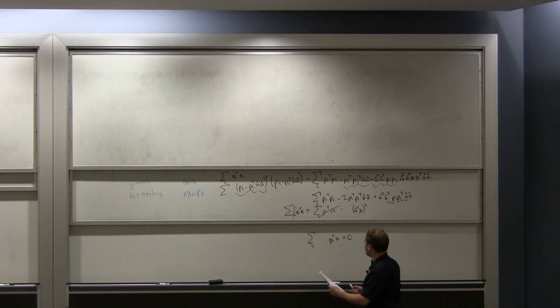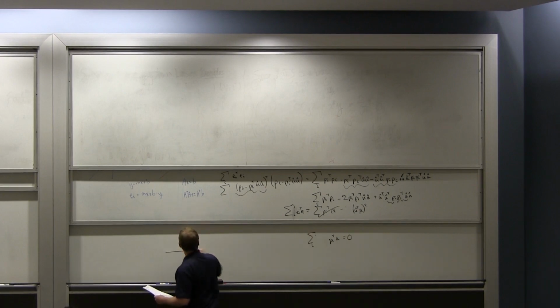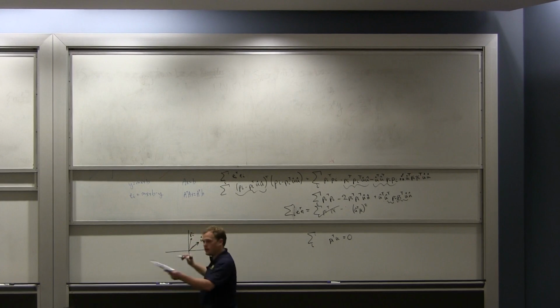Let me think here for a second. Let's draw a picture of this. So again, we're assuming that the optimal line goes through 0. Here's our p_i.